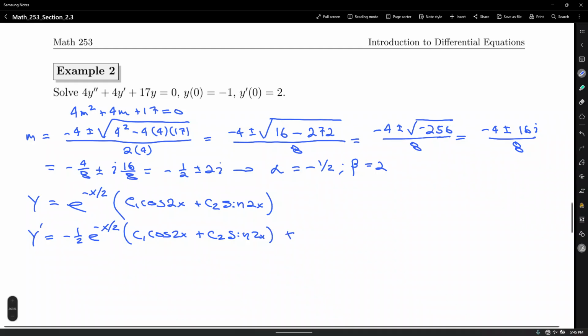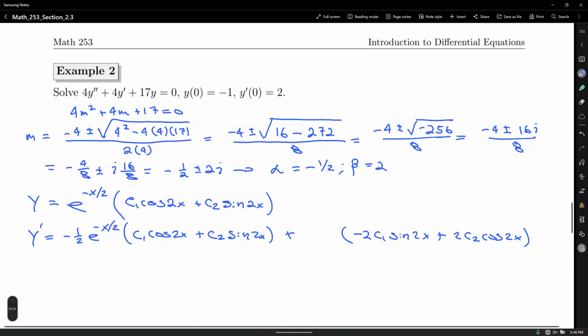Plus the derivative this time of the second factor, which is what's inside of the parentheses. That is negative 2 c1 sine 2x plus 2 c2 cosine 2x.